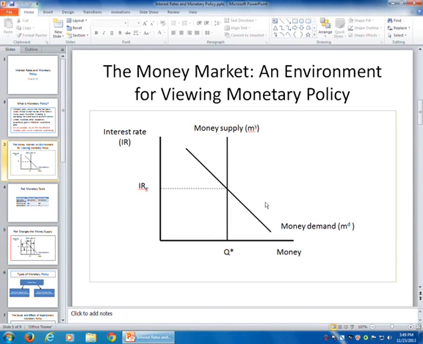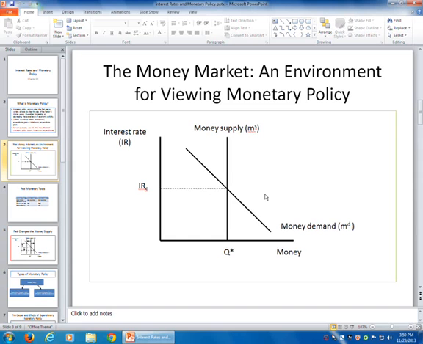There's also the money demand side of the money market, and you notice the money demand curve is downward sloping, which implies that there is an inverse relationship between interest rates and the quantity demanded of money. Basically, if I want to borrow money as a consumer, the higher the interest rate, the less I'll be inclined to borrow.